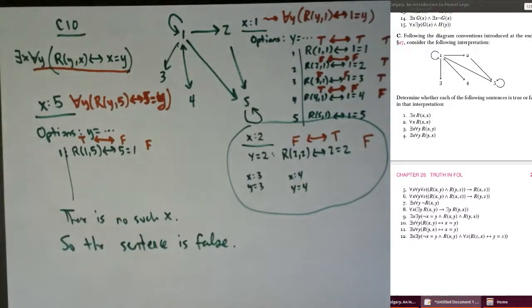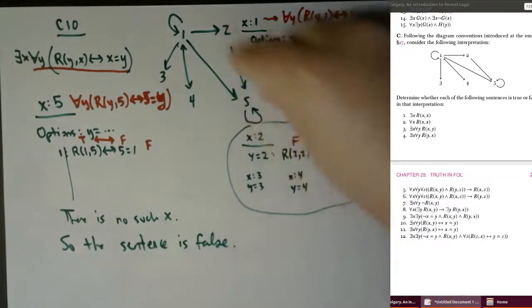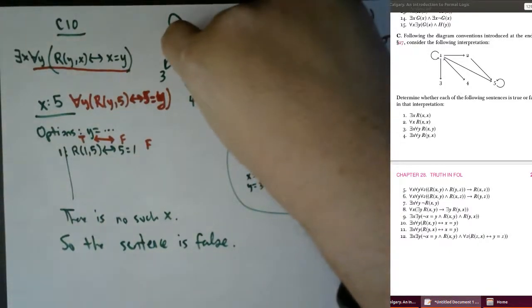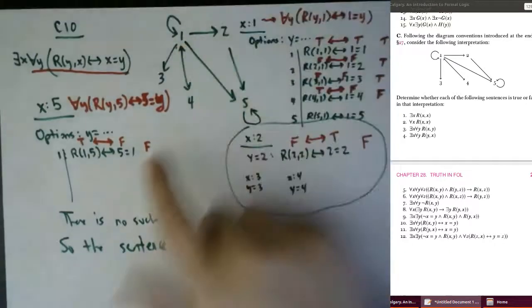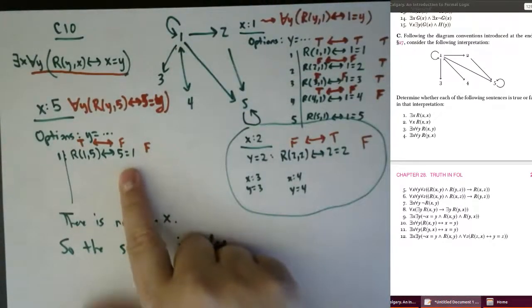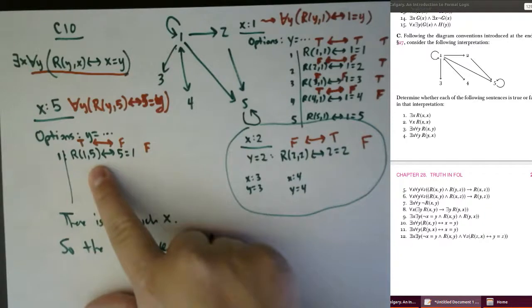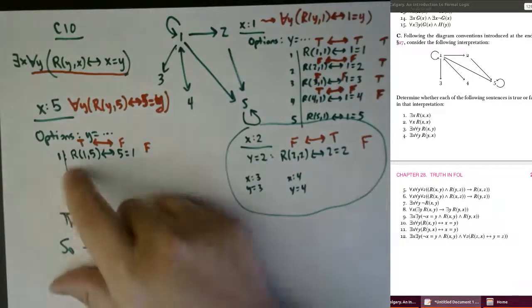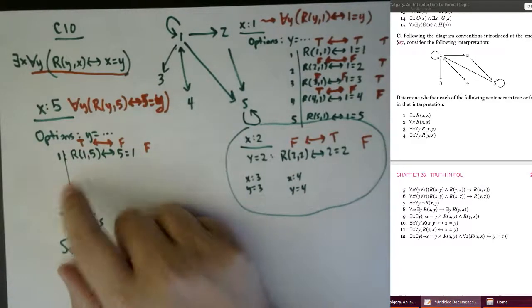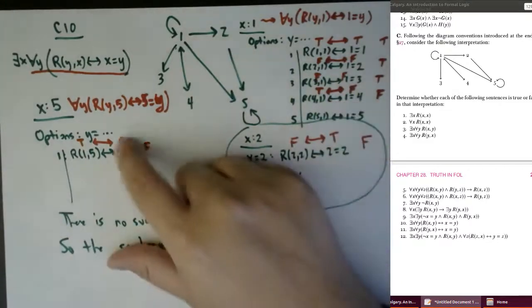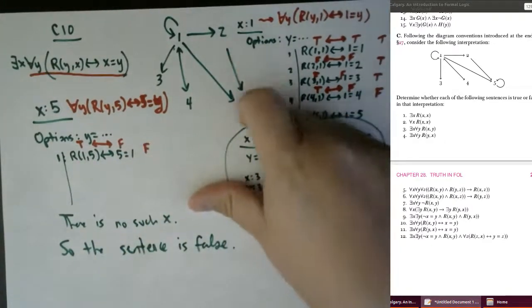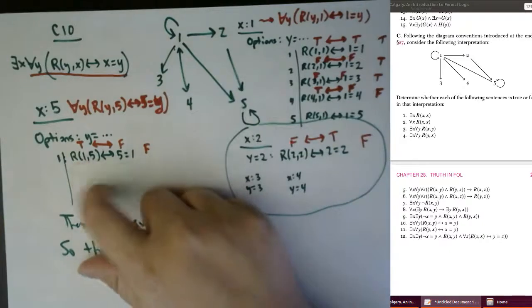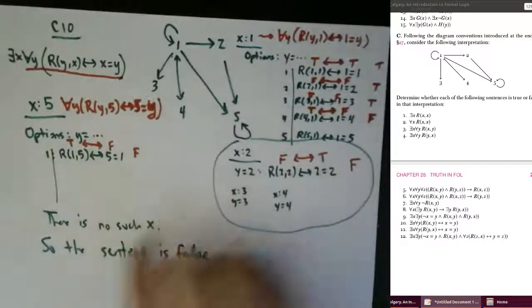Now, there might be a way to upgrade this to make it true. For example, if we got rid of this line here from 1 to 5, then this one would be true because there would now be no longer a line from 1 to 5. And I think all of the others would be true in that case because if y were 2, 3, or 4, then this side would be false, but 5 doesn't map anywhere other than to itself, and so the if and only if would end up being true.